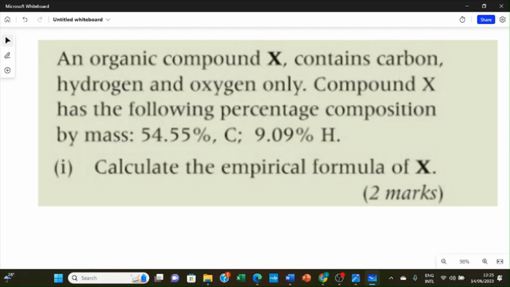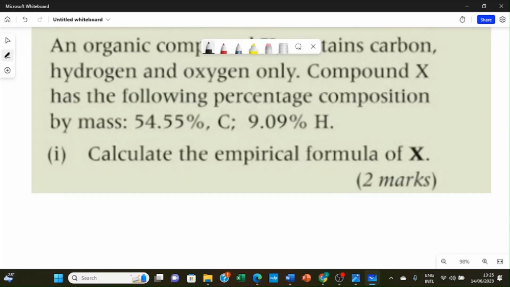Calculate the empirical formula of compound X. But from the question, it contains carbon, hydrogen, and oxygen, and you are only given the percentage composition by mass of carbon and hydrogen. So since it is in percentage, the total mass of carbon, hydrogen, and oxygen is equal to what? 100.